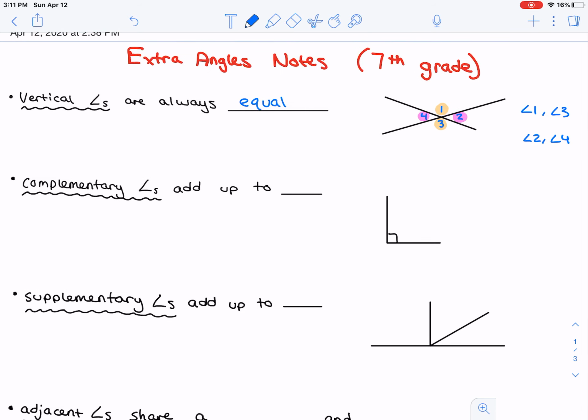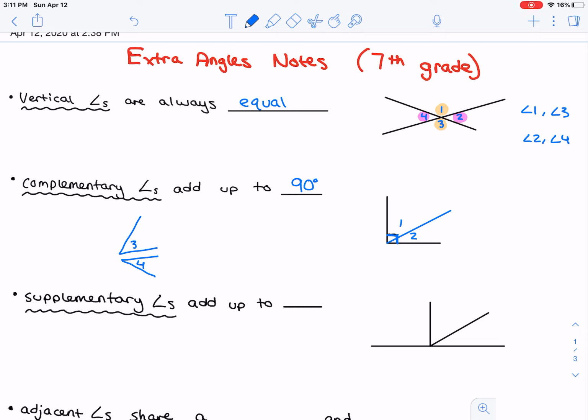Now for complementary angles, these add up to 90 degrees, and they usually form what's called a right angle. This little square here, remember, just represents that you have 90 degrees. If I drew in a line here, and I had angle 1 and angle 2, those would be complementary. Or technically, those angles don't actually have to touch. Pretend I had angle 3 here and angle 4 here.